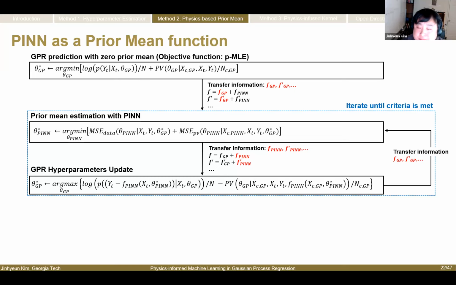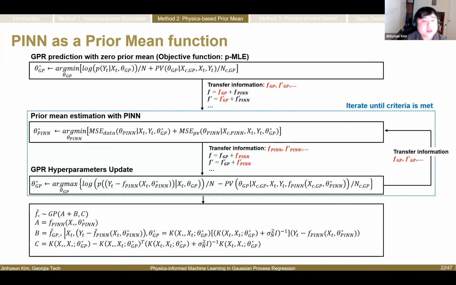The criteria can be the desired reduction of physical violation when compared to the initial violation, calculated at the collocation points. The final model constructs three components, where A is the prior estimated by the PINN function, B is the local GPR, and C is the covariance information constructed with the posterior GP hyperparameters.